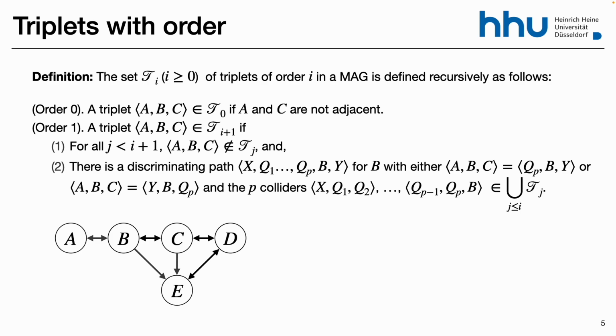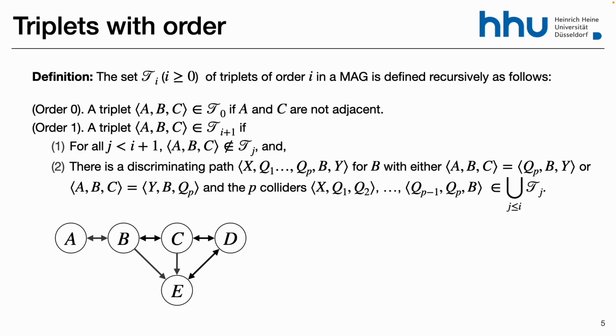The definition says, first, this is a triplet that I'm trying to say if it's with order or not, and it's part of this path A, B, C, E, which is a discriminating path for C, because it's the second to the last. Everything from the beginning to the variable is a collider path, so all the variables are colliders.